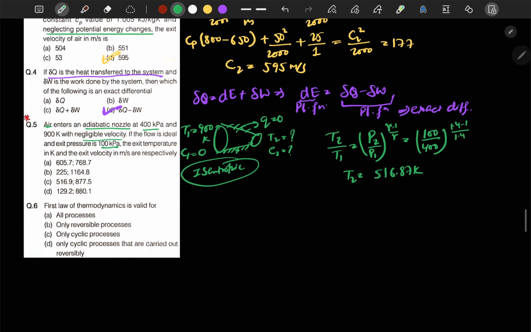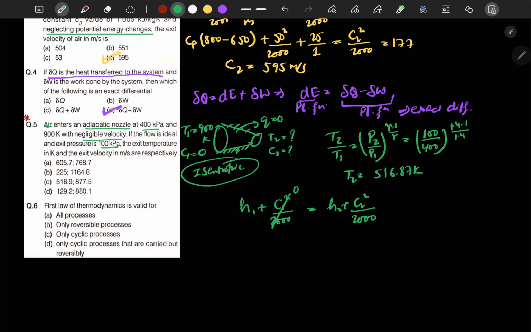And we can now use the steady flow energy equation. It reduces to H1 plus C1 square by 2000 plus Q, where Q is 0 since it is adiabatic, equals H2 plus C2 square by 2000.